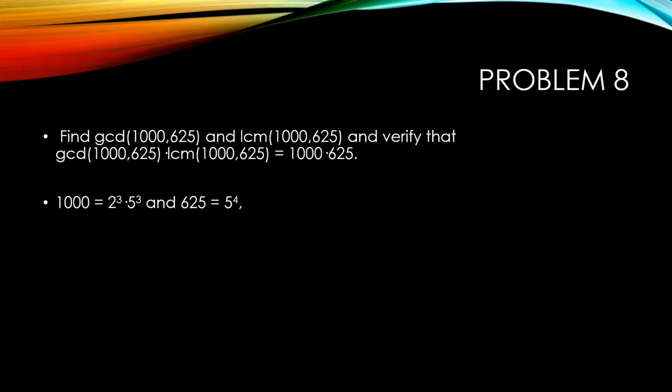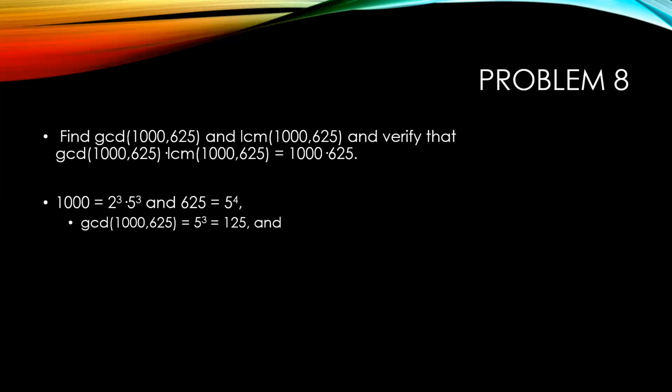Okay, problem number 8. Find the GCD of 1000 and 625, and verify that when we multiply the GCD and LCM, it is equivalent to 1000 times 625. Let's get the GCD first. The prime factorization of 1000 is 2 cubed times 5 cubed, and for 625 it's 5 raised to 4.